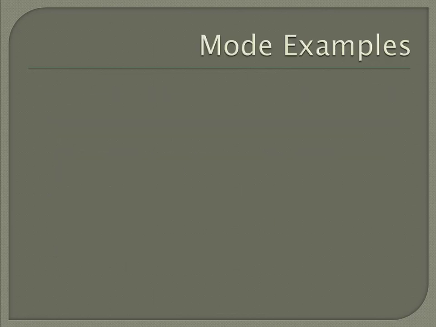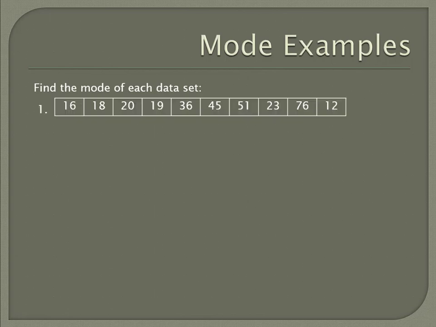Let's look at some examples. So let's find the mode of each of these data sets. Now, I did say that the mode is generally reserved for qualitative data only. You can define a mode for quantitative data. It's just, you generally wouldn't use the mode for quantitative data because you have the mean or the median to use instead.